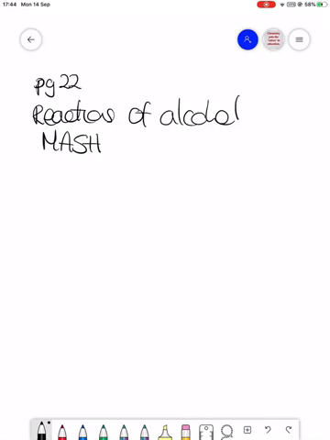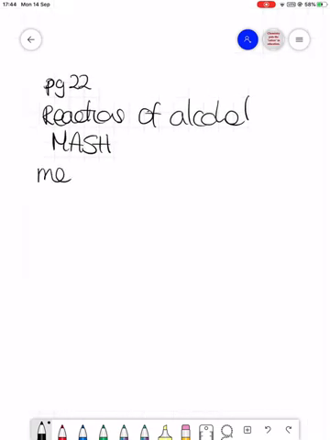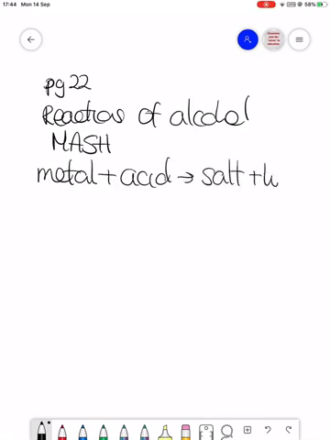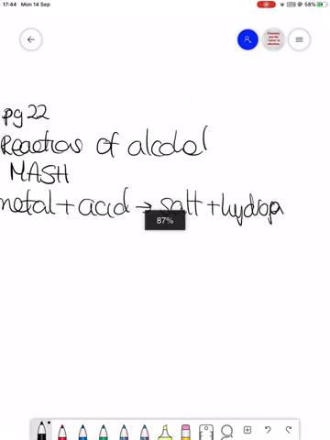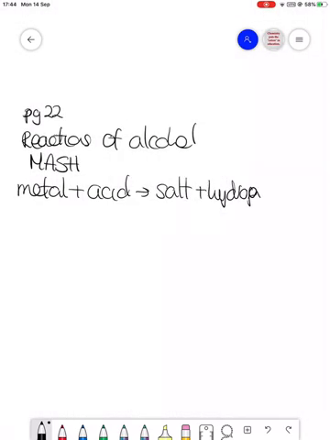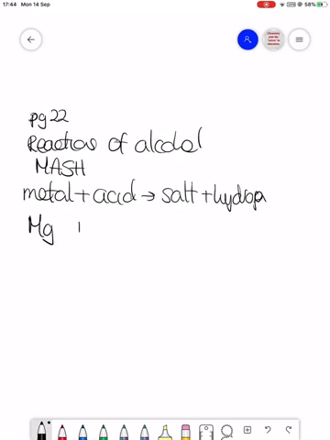So I'm hoping in your head you are now saying metal plus acid gives you salt and hydrogen. An example would be magnesium plus hydrochloric acid goes to magnesium chloride. Magnesium is group 2, so 2+ charge.